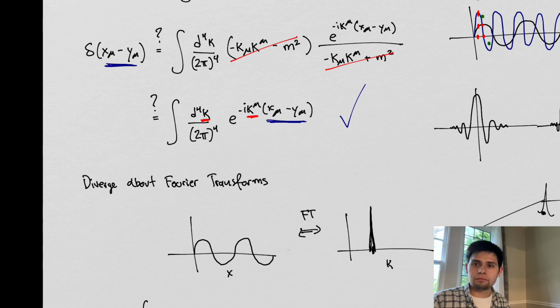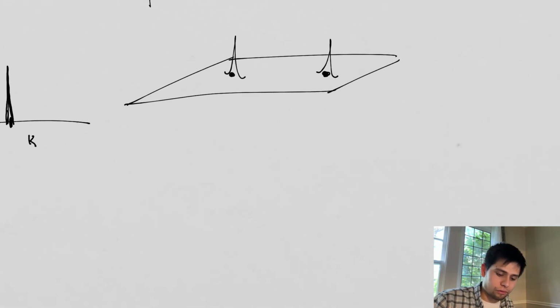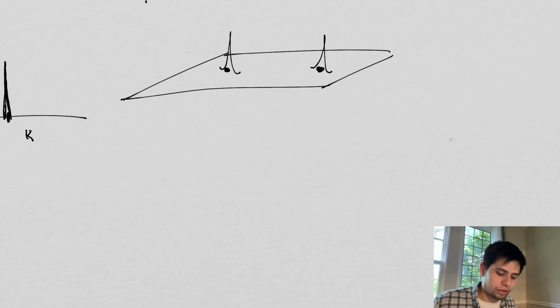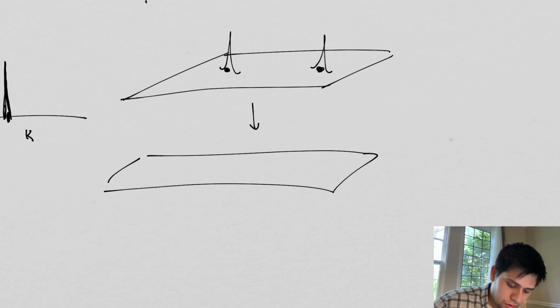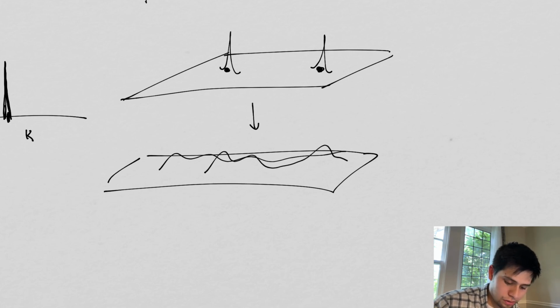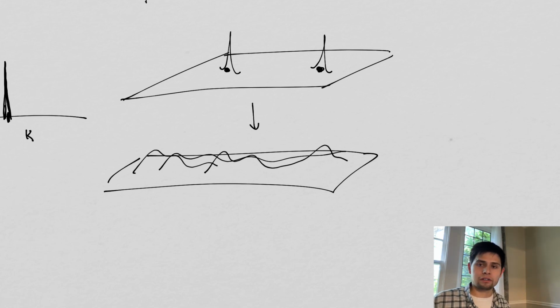And before I go, I just want to hit this home one more time. What we're doing again is Fourier transforming. So in this space we have waves, and these waves are going to tell us something about the interactions, right?